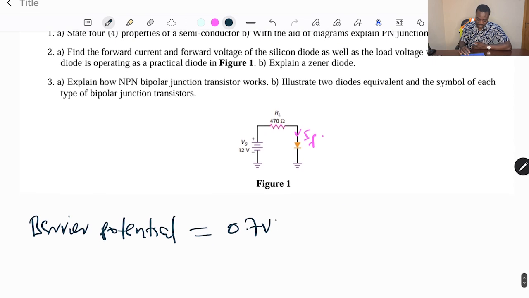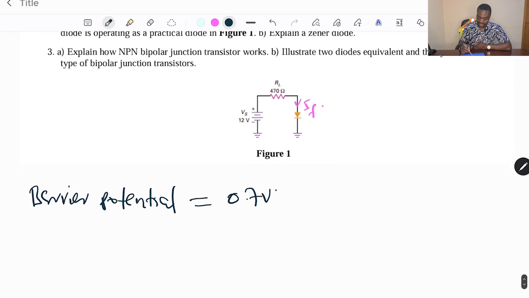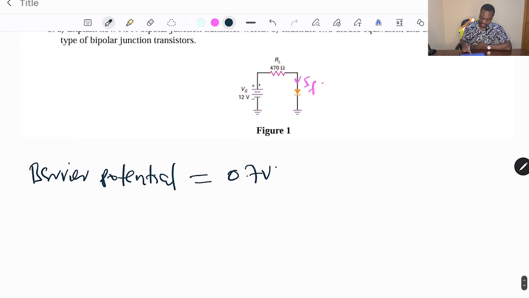So forward bias will take place, because the voltage source connected to the diode is greater than the barrier potential of the diode, which is 0.7 volts.